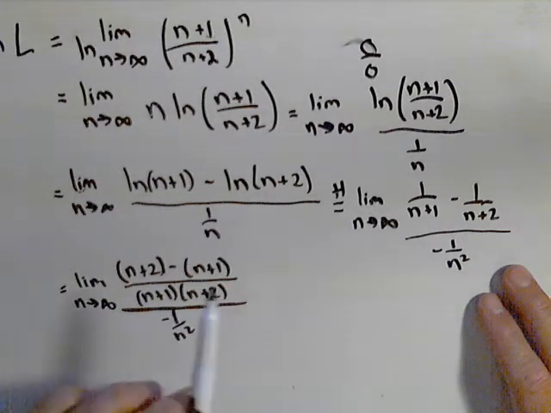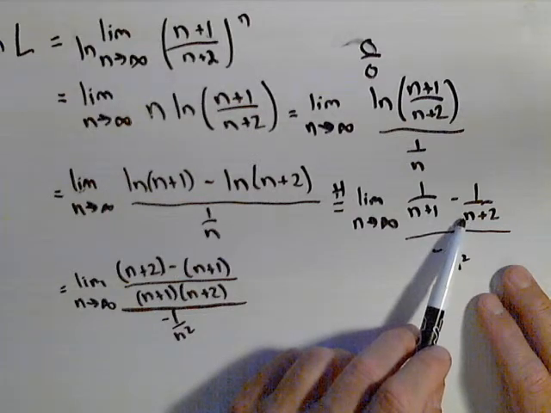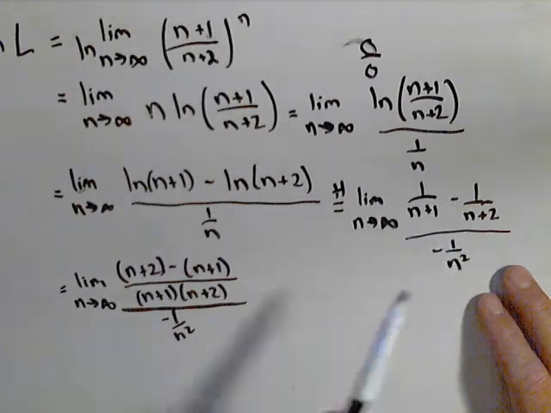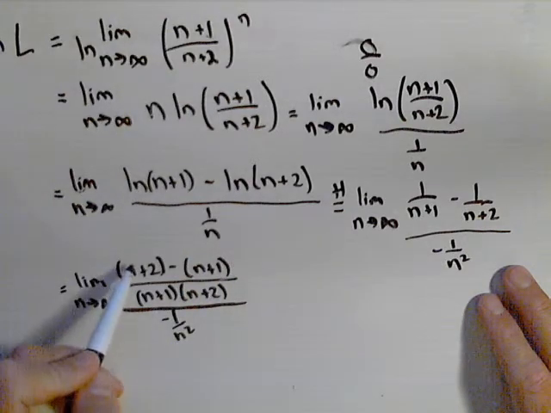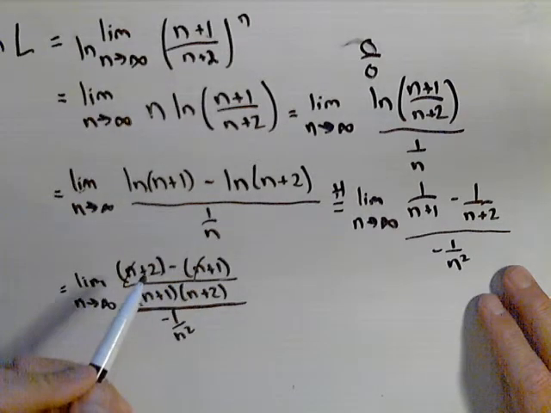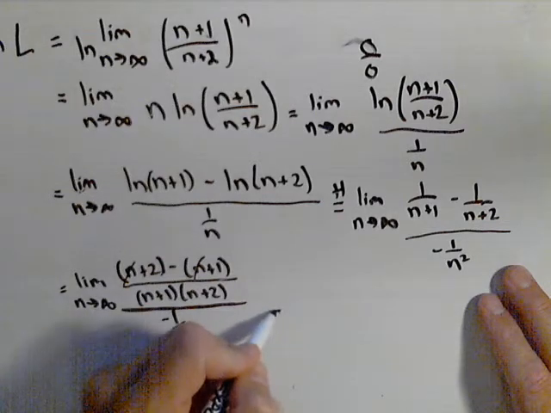If you're not sure what I did there, I found the common denominator between these two, which is n plus 1 times n plus 2. This one becomes n plus 2 over the common denominator, this one becomes n plus 1, and that's where that numerator came from. What's neat about this is the positive n and negative n cancel, and 2 minus 1 gives us 1. Now I'm going to flip the denominator and multiply.